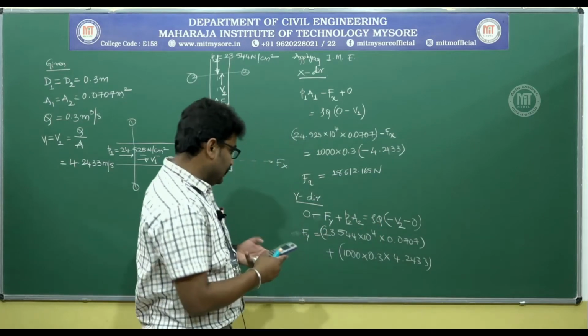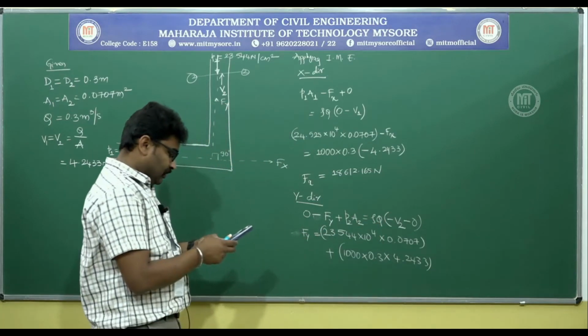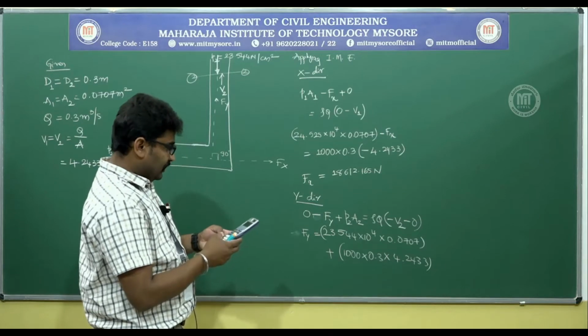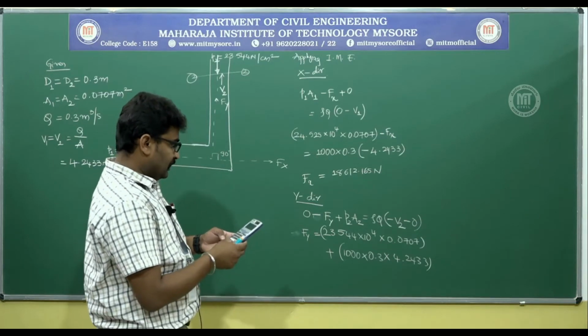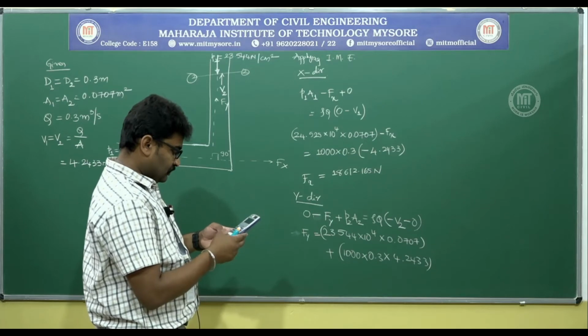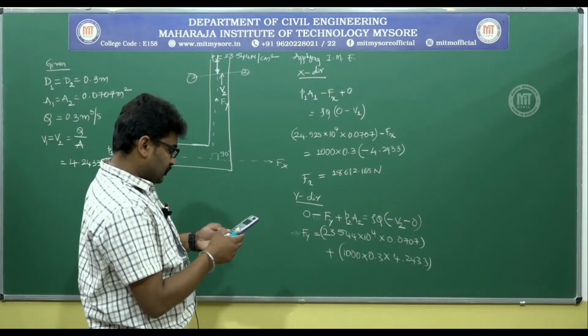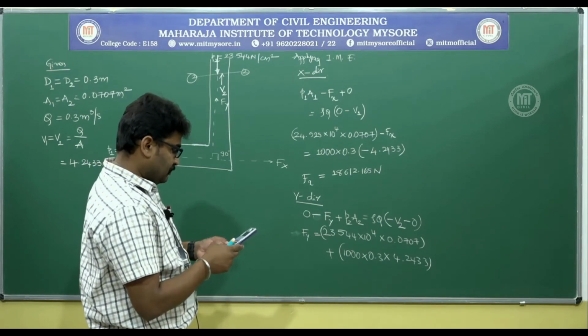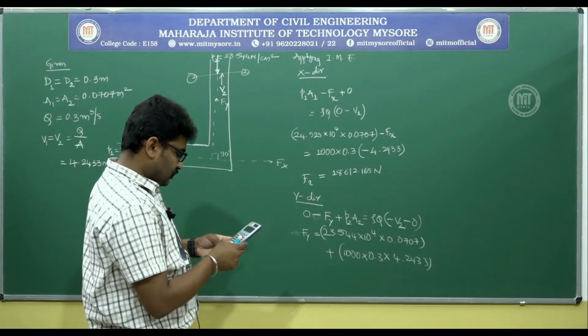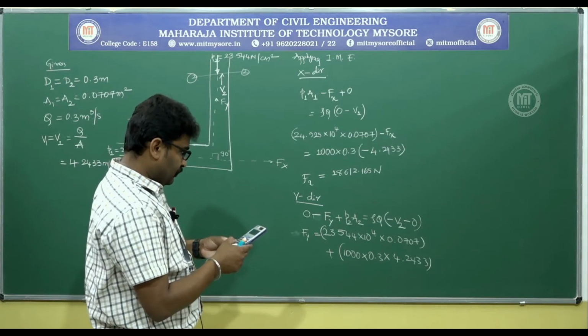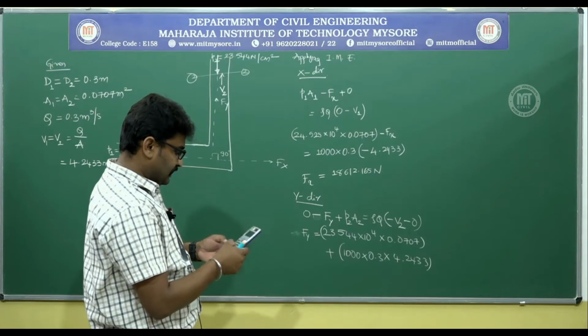So now when I solve this, you have 23.544 into 10 power 4 multiplied by 0.0707 plus 1000 into 0.3 into 4.2433.